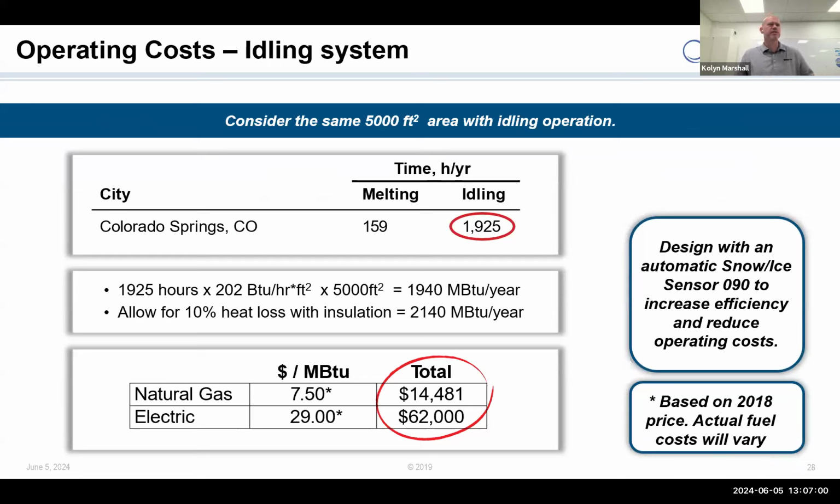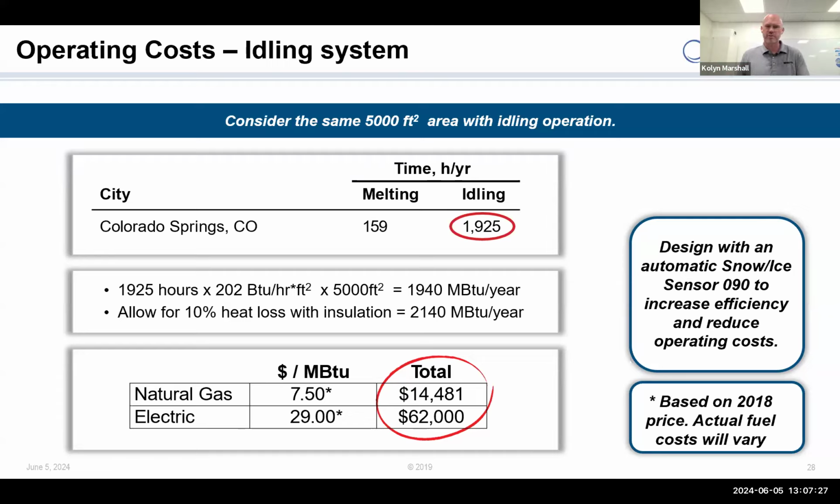Idling systems, this is relatively old school versus new school. Idling systems used to be, we needed to run the system 24/7 to make sure this area stayed free of snow and ice. We don't really idle anymore. We talk about idling because the mechanics are still there and the intended goal of operation is still there, but we've augmented it with the controllers.